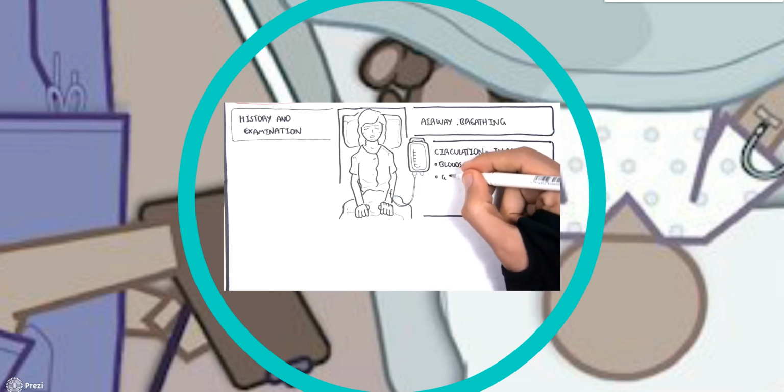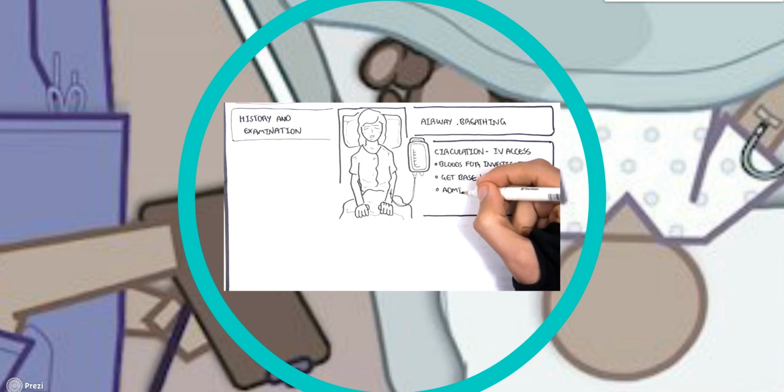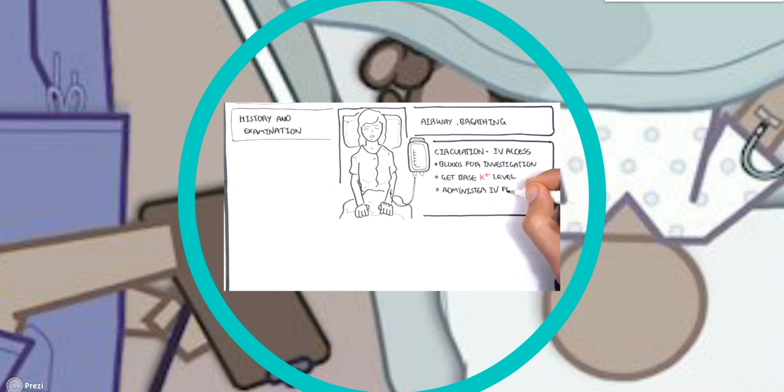It's also important here to get a base serum potassium level. After getting the bloods for investigation, administering IV fluids, saline, and also administration of insulin slowly is very important. Administration of insulin is important because we want the cells in the body to take up the glucose that is in the blood.